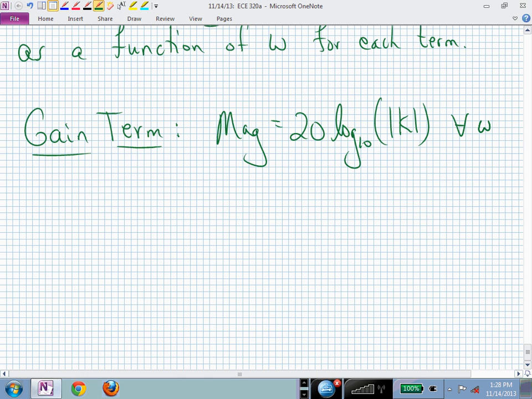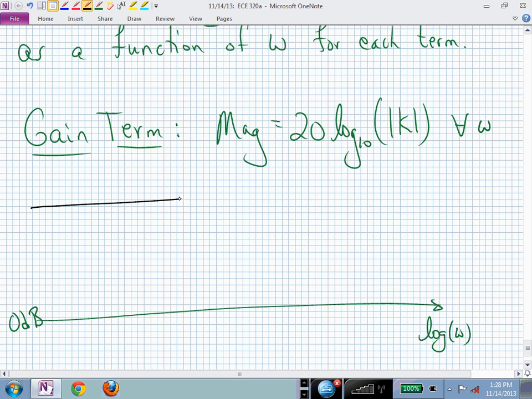And now what does that look like in terms of a sketch? That's just a flat horizontal line, isn't it? So let's say that this is my 0 dB line, that's supposed to be flat. And this is now usually log of omega, but I typically will just label it as omega.